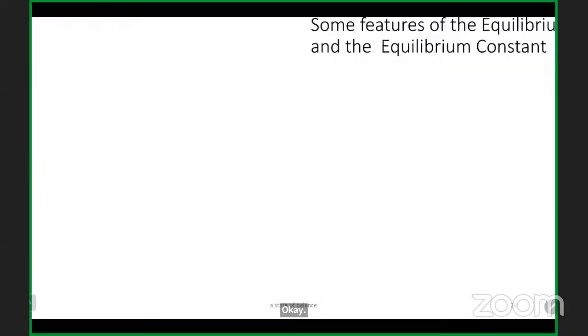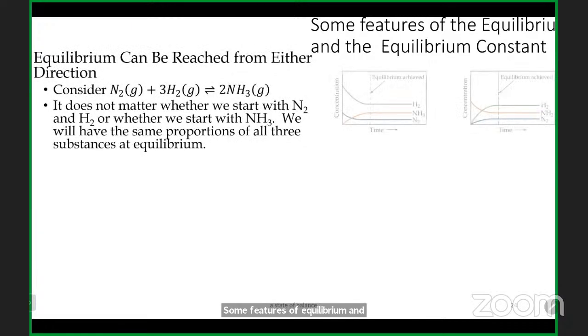Some features of equilibrium and equilibrium constant. The first one, for those of you that already have the slide, I've jumped some slides. I'll come back to them next class. This is page 11, slide 24. First thing, equilibrium can be reached from either direction.